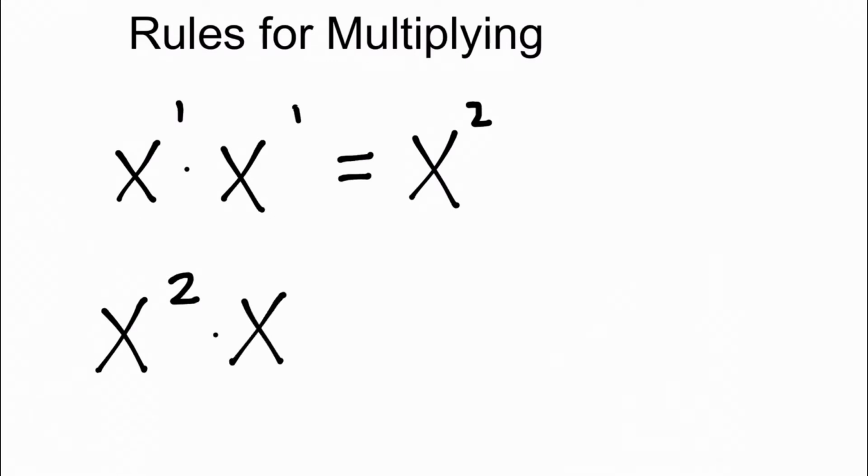So here this is x to the 1, x to the 1. They're being multiplied together, so I add the exponents and it becomes x squared. In the same way, x squared times x, this is a 2 and a 1. This becomes x to the third. Okay?